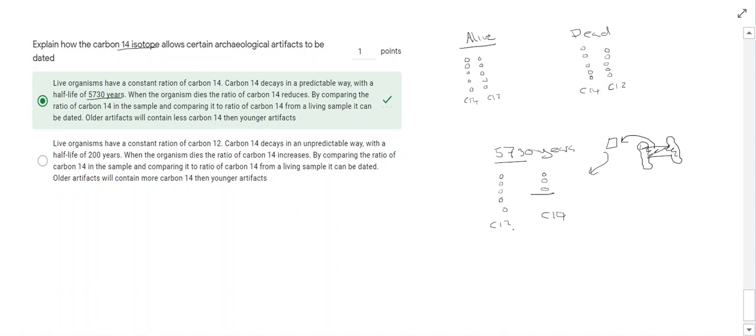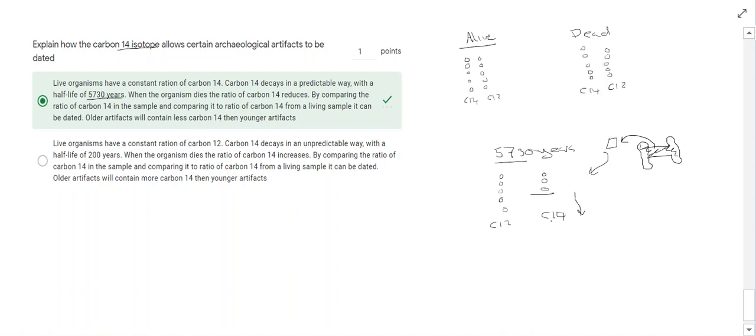But if you see here that it has the 5 carbon 12s, but it only has 2.5 carbon 14s, you can estimate and say that, well, it takes 5,730 years for 5 carbon 14s to change to 2.5 carbon 14s, so therefore this bone must be 5,730 years old.